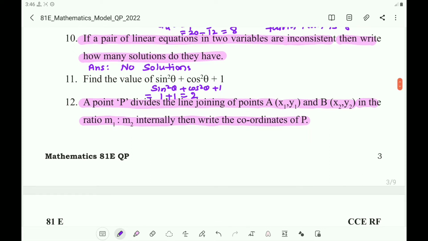The coordinates of P. So you can write the answer P of x, y equals, right? What is that formula? P of x, y equals m1 x2 plus m2 x1 whole divided by m1 plus m2, and m1 y2 plus m2 y1 whole divided by m1 plus m2.